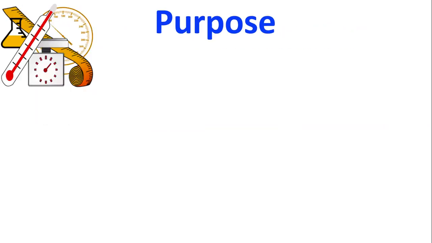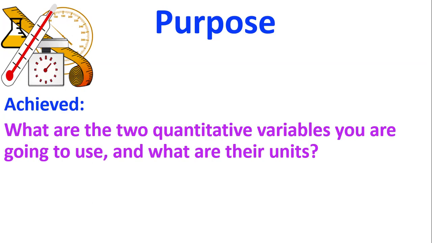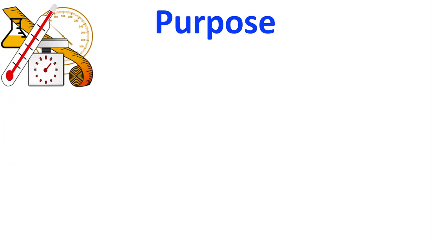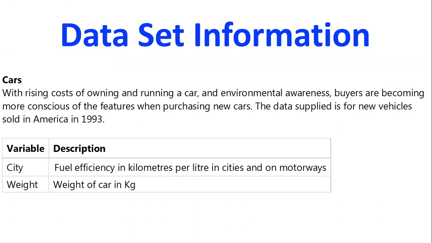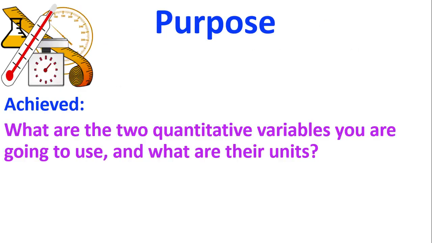Then the next step is to do our purpose, and for the purpose we need to think about what the two variables are that we're going to use and what their units are. If I go back to that dataset information, one of them is the city, which is our fuel efficiency, and the units of that are kilometres per litre. The second variable is the weight, and the weight of the car is measured in kilograms.